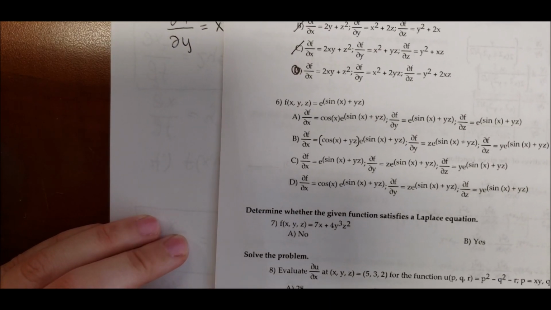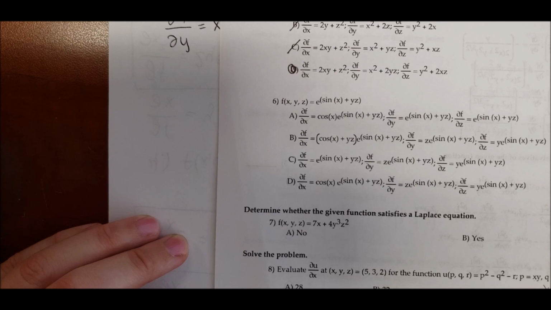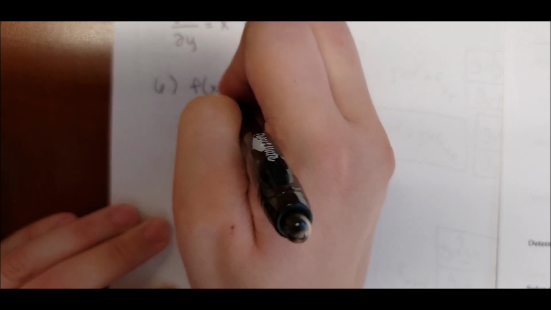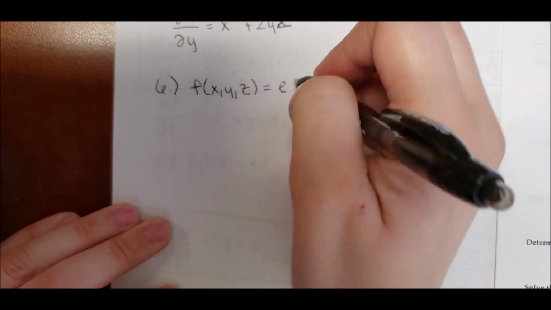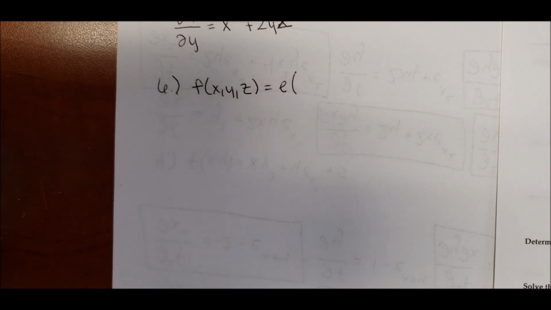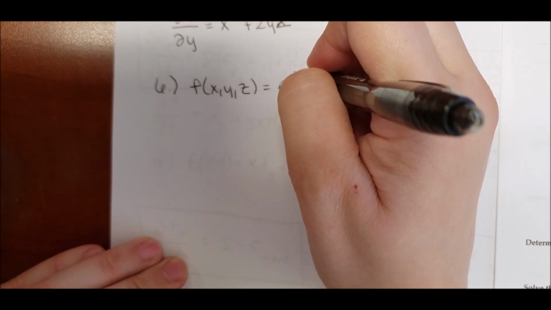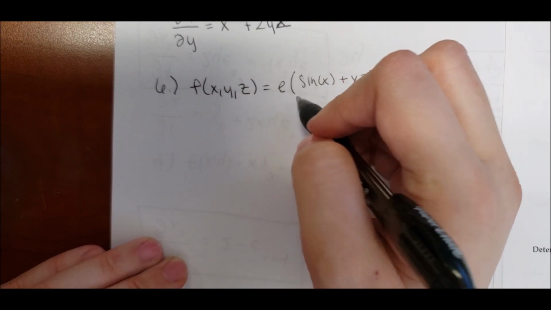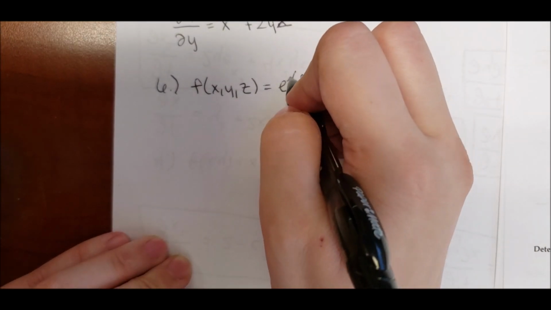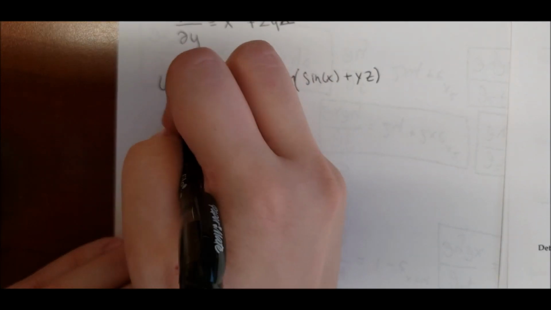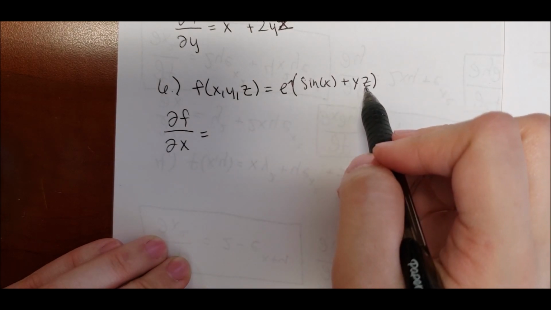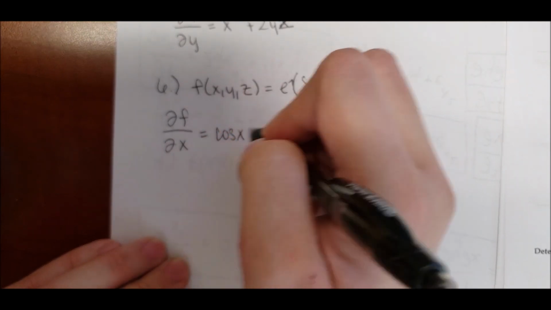So number 6. That's supposed to be an exponent. So the derivative of sine is cosine.